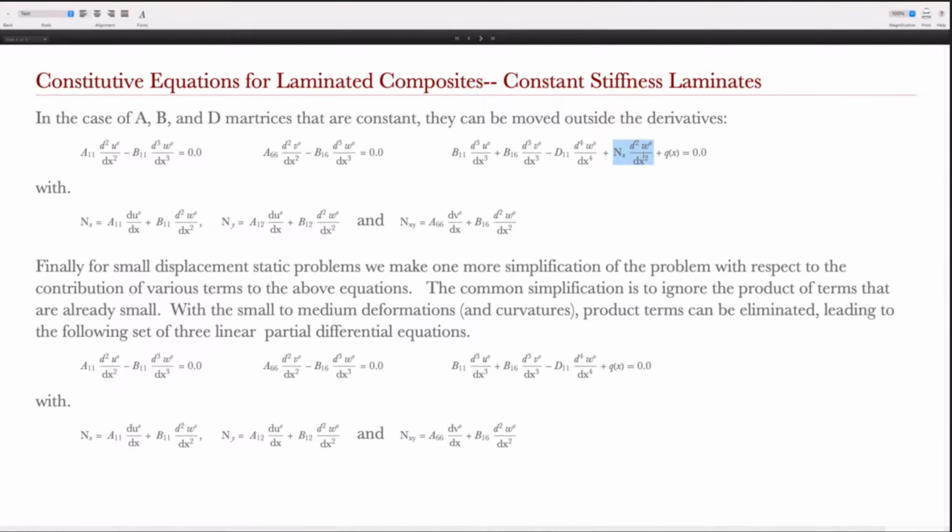Now, I can do this if I'm solving a static bending solution for small deformations. If the deformations are large, I cannot do this. The Nx distribution and this distribution are coupled because Nx actually has in it the U displacement and W displacement. So you can see that W0 is already there in Nx. If I put this in here, I get nonlinear terms, and nonlinear terms are for large deformations.